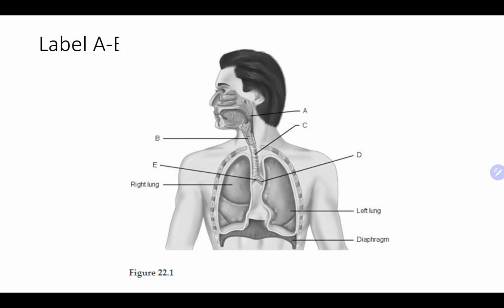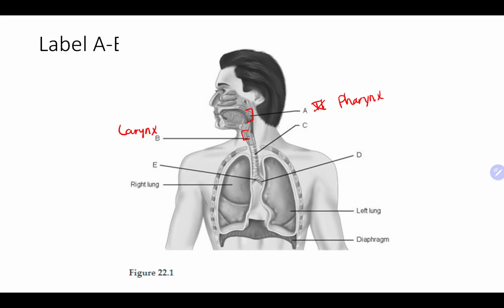So, just looking at the pure anatomy of the respiratory system, we know that this portion right here is called the pharynx. We know that B, this portion right here, is going to be called the larynx, right beneath the pharynx.